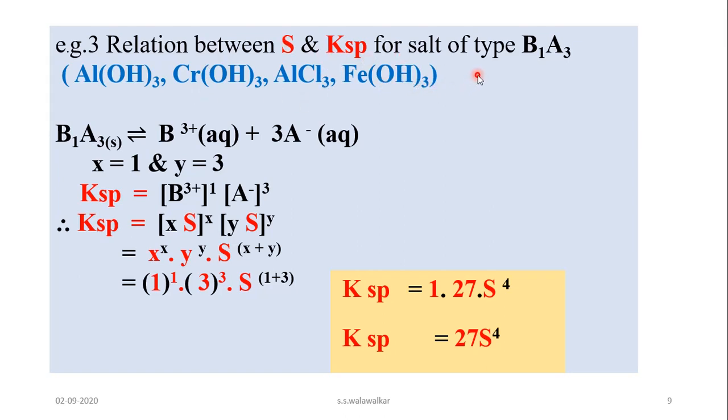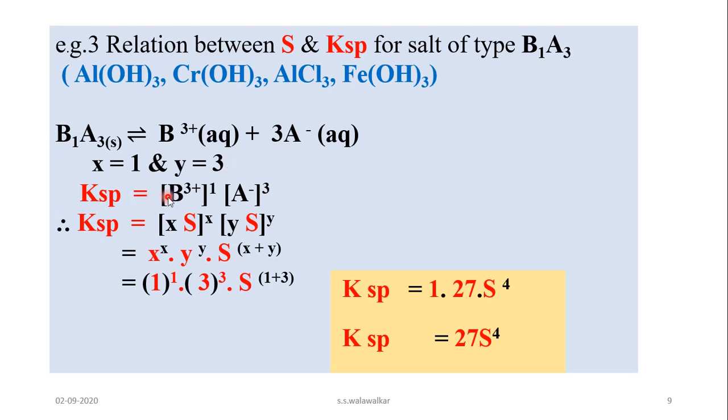All these are examples of this type of salt. When such a sparingly soluble salt is dissolved in water, it gives a solubility equilibrium like this: B1A3 gives you B ions plus 3 moles of A ions in the solution. That means X is equal to 1 and Y is equal to 3.